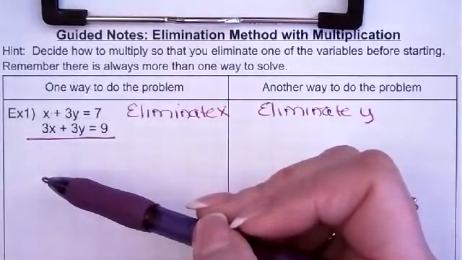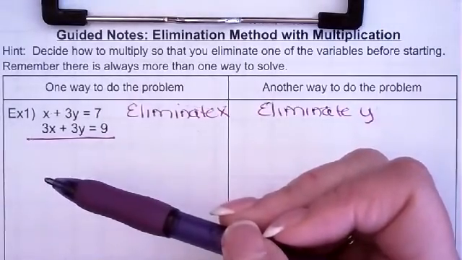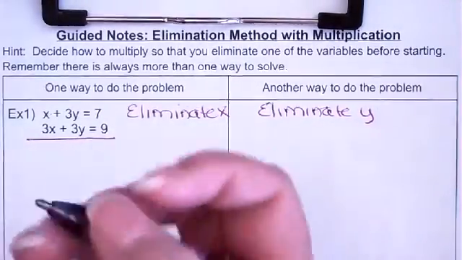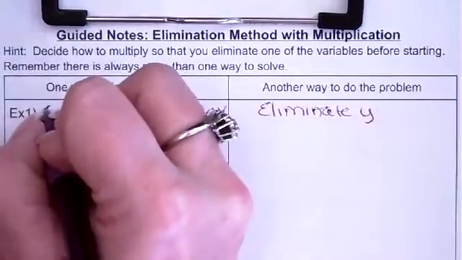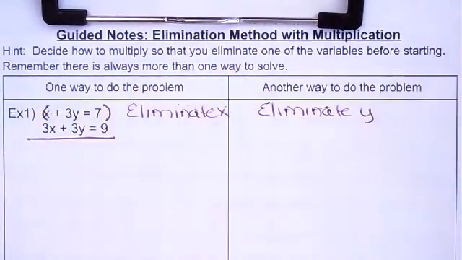You're going to think for about 5 seconds before you start, and you're going to say, hey, if I can multiply this top equation by a number so that I can get rid of x, what would that number be?